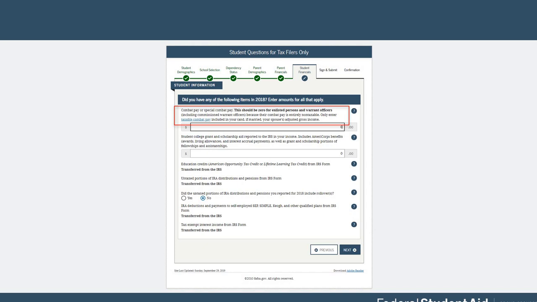Then, IRA deductions and payments to self-employed qualified plans transferred from the IRS. Tax-exempt interest income from IRS form transferred. So you don't have to worry about any of those if the data retrieval tool worked. If not, you will have to answer some of those questions.